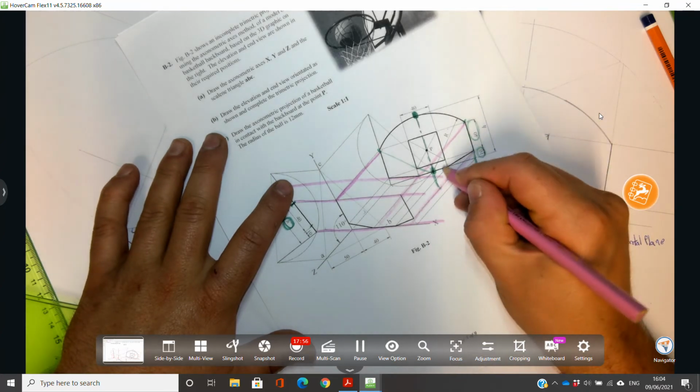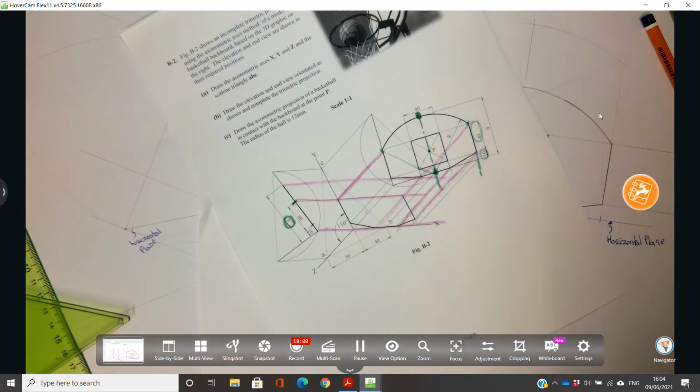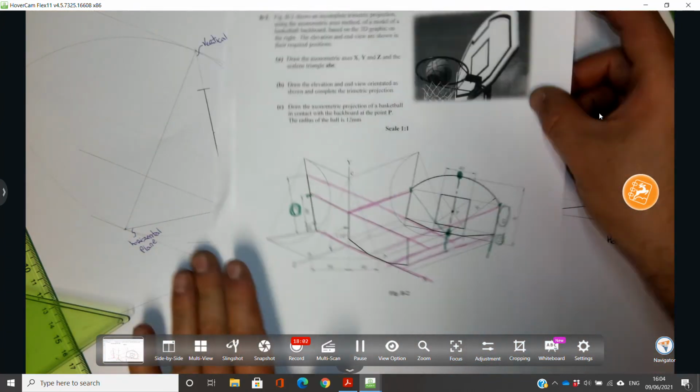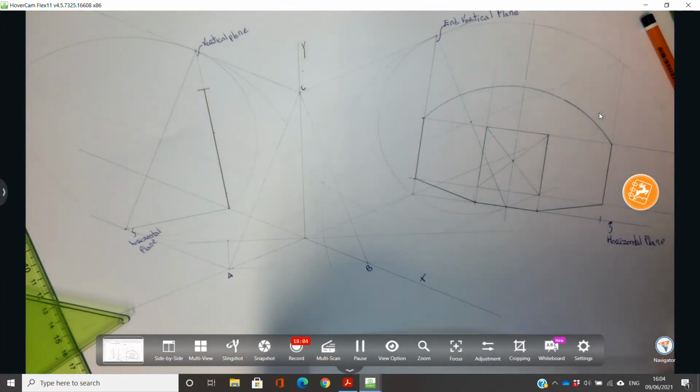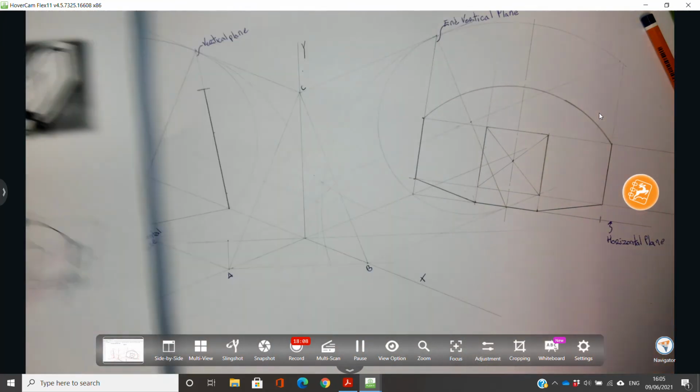So you bring them parallel to the z-axis and parallel to the x-axis. Your question is your best help to solve it. To solve the drawing, the exam question is your best help.